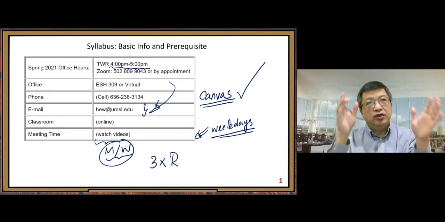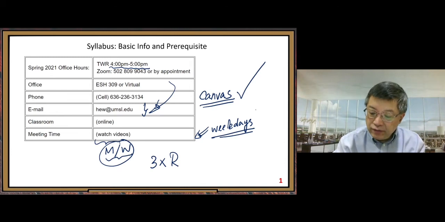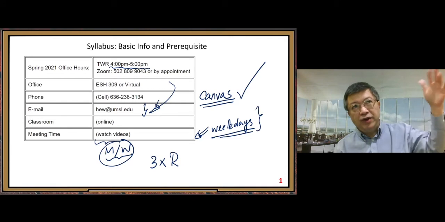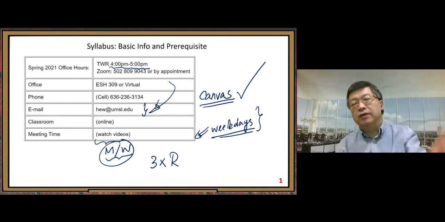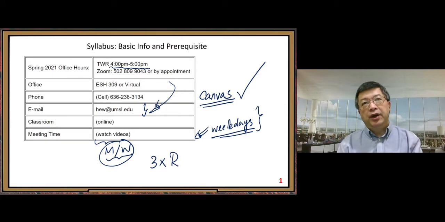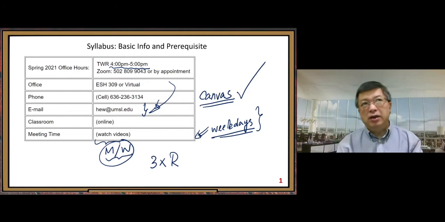So you should watch all the videos of that week, catching up on all of them, in that weekend. All right, that's pretty much the expectation. I try to make it as fair as possible, but sometimes it is very hard. I try my best. All right.